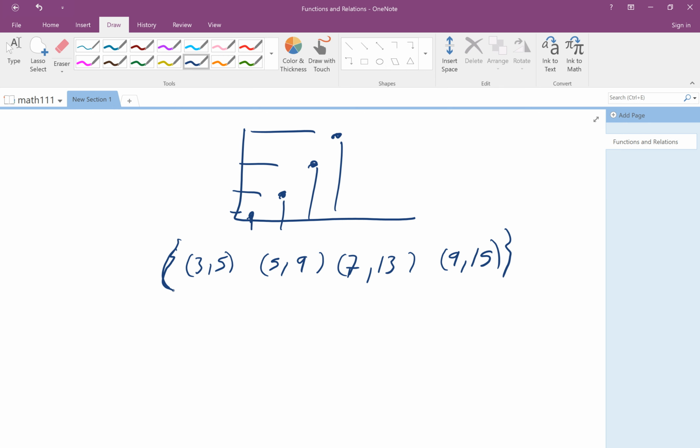Well, let's check. Now, normally we would say that the 3 and the 5 and the 7 and this 9, those are all your inputs. And then the outputs would be 5, 9, 13, and 15.